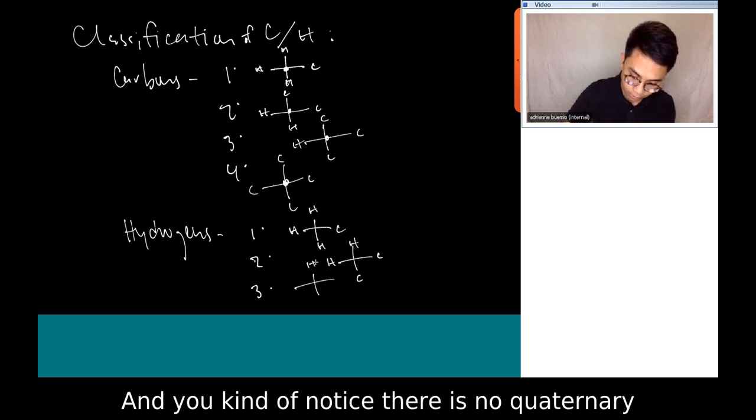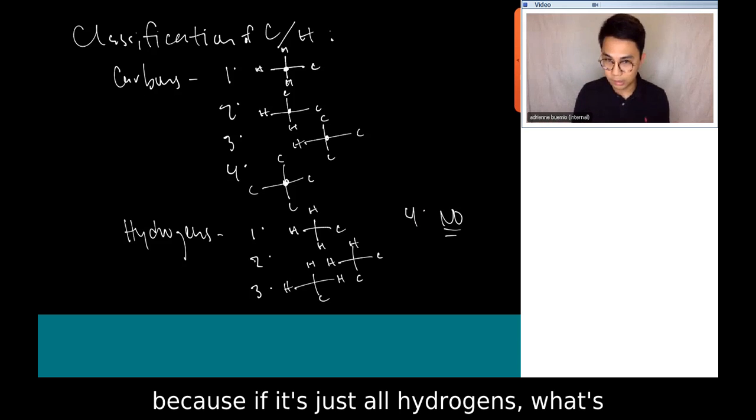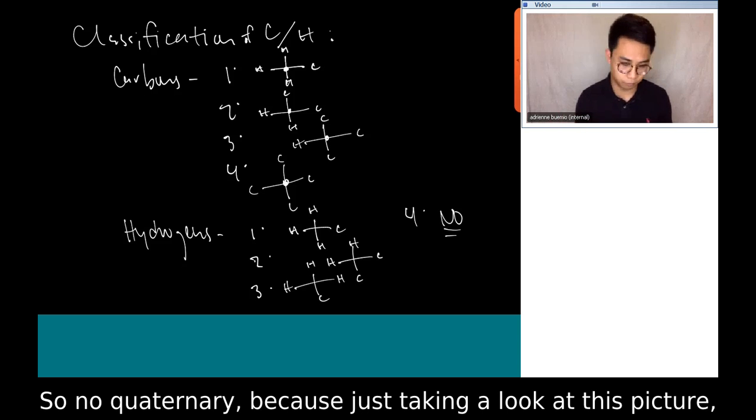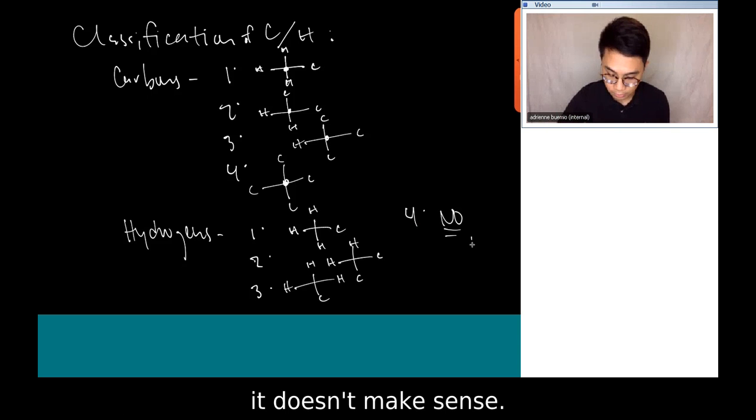And you notice there's no quaternary, because if it's just all hydrogens, what's the point of classifying it, right? That's just gonna be all primary, right? So no quaternary, because just taking a look at this picture, it doesn't make sense, right?